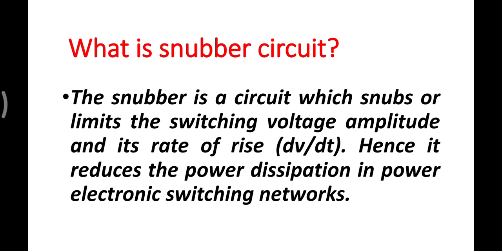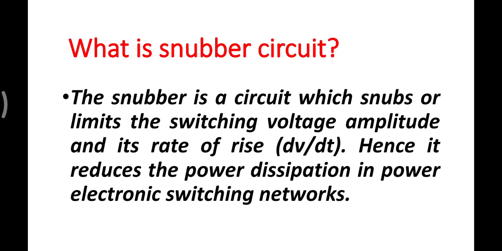A snubber circuit snubs or limits the switching voltage amplitude and its rate of rise, hence it reduces the power dissipation in power electronic switching circuits. So what does snubber circuit mean?